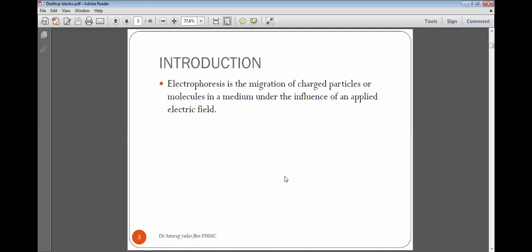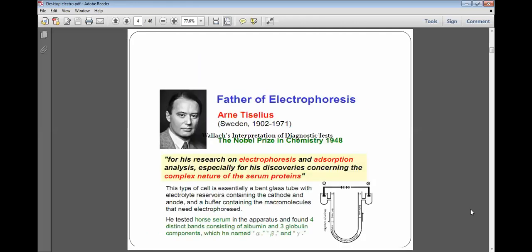And then these ions migrate to their respective ends, positive ions to the negative and negative ions to the positive sides, that is cathode as well as anode. So it is a very simple method for the separation of different types of ion samples.